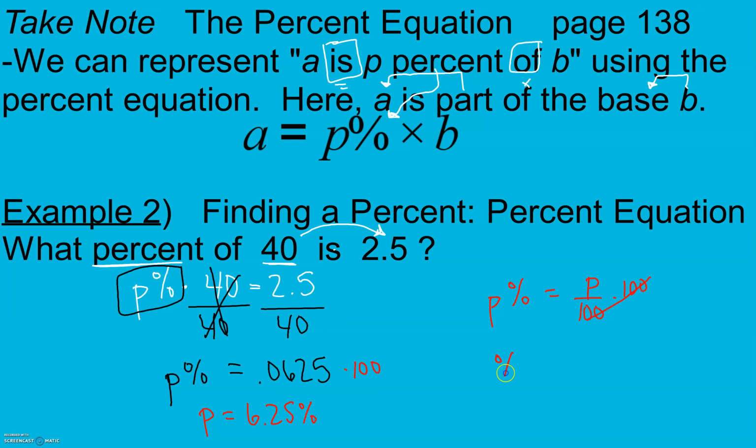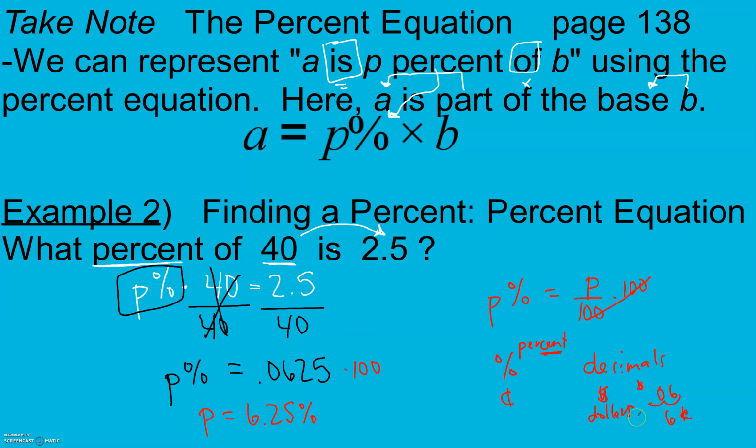I think about it like percent is like cents, and decimals are like dollars. So if I have 0.06 written as a decimal, I can rewrite it, like as dollars, as 6 cents. Percent is like cents, and decimals are like dollars.